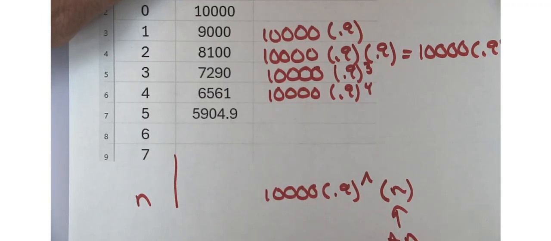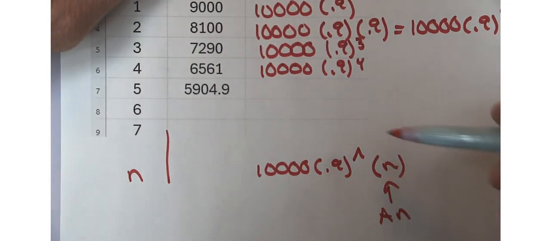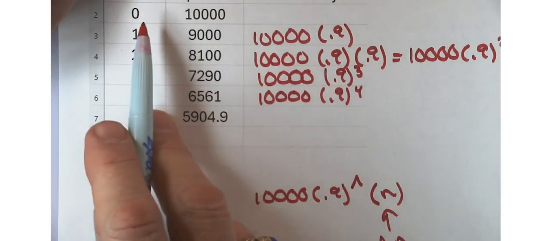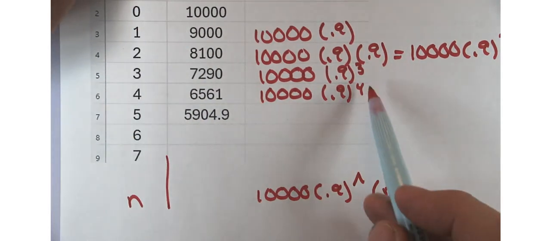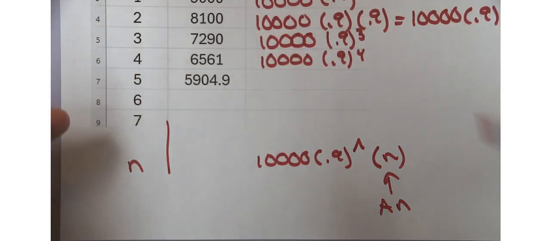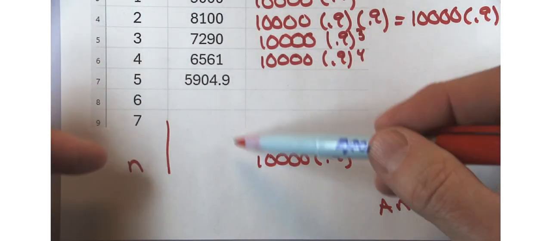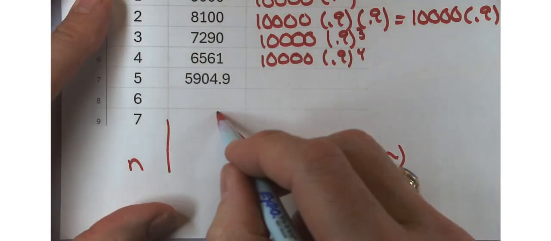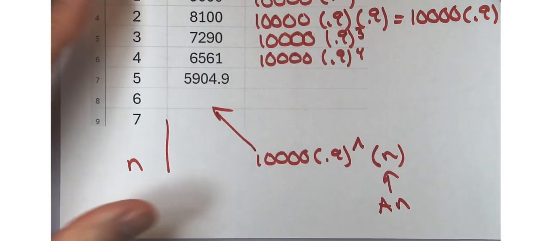But yeah, you can write a nice general formula for this. Now, it helped out that I put a 0 here. Otherwise, this formula would have a -1 in the exponent. That's okay. So there's a couple different ways you can come up with a general formula to help populate these cells. And that would be something that you could use here.